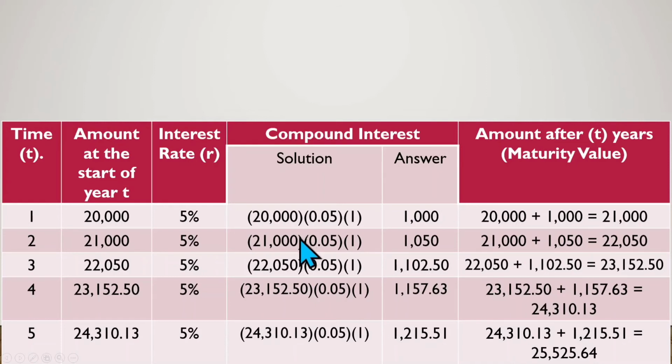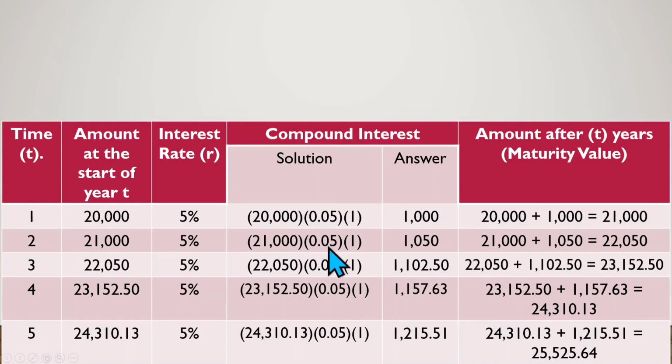On the second year, the interest of 1,000 is added to the principal amount, and then that will be the next computation of your interest. So 21,000 times 0.05 times 1. Why 1? Because the interest of the first year is added to the principal amount on the second year.